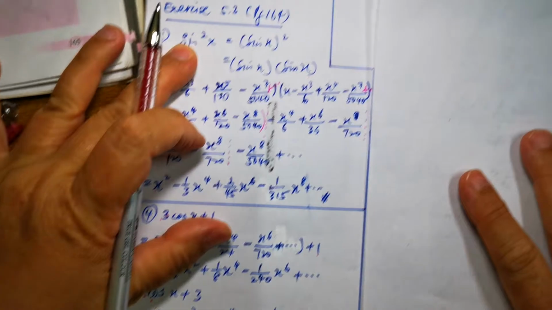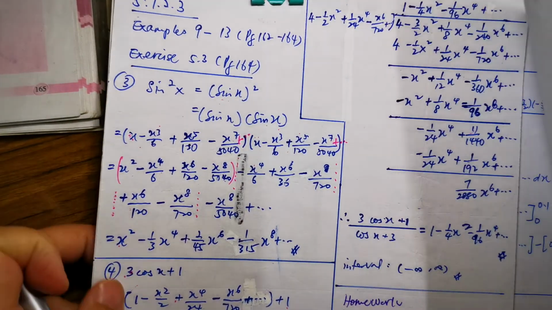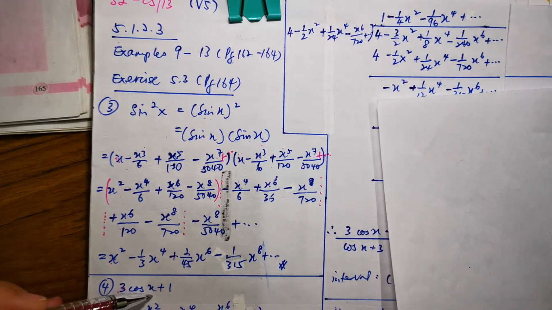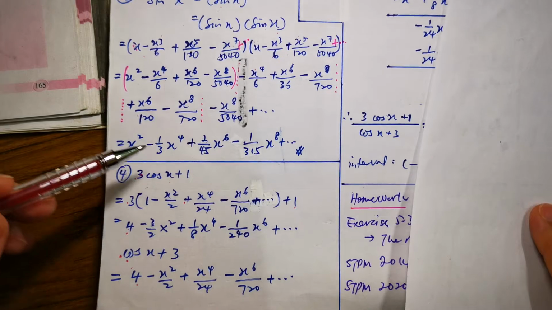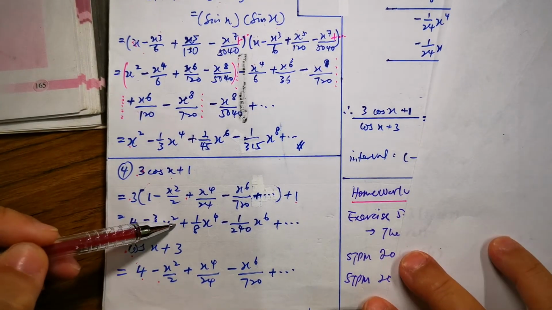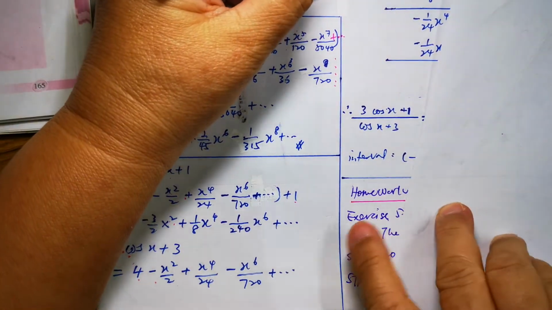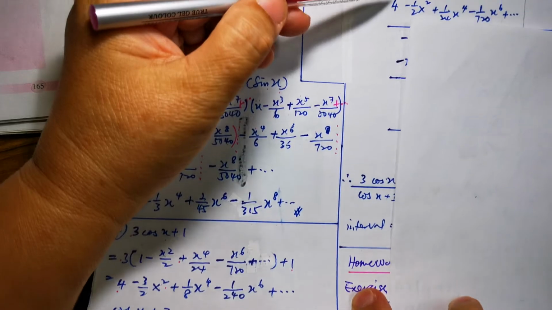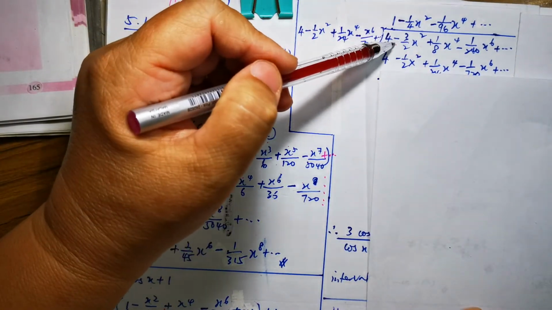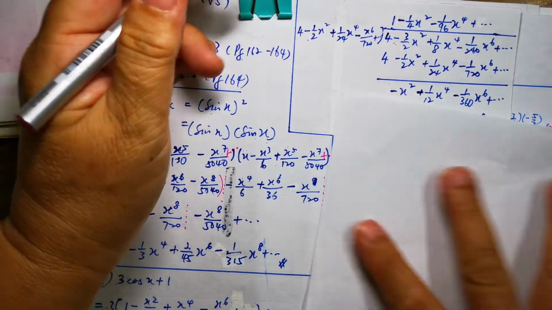We have to do the long division. This is the numerator, this is the denominator. The numerator goes inside, the denominator outside. Then we do it one by one.